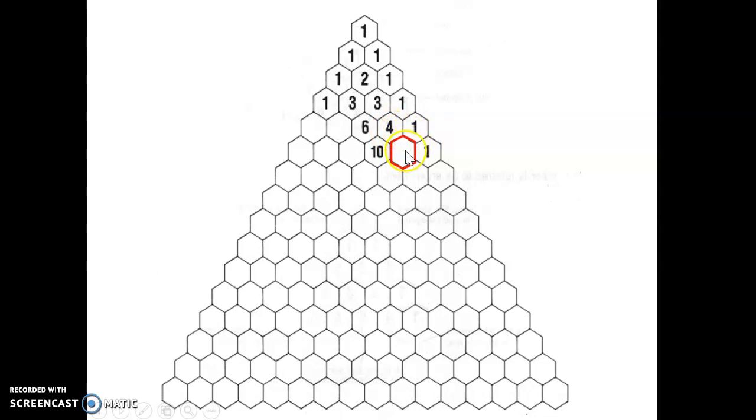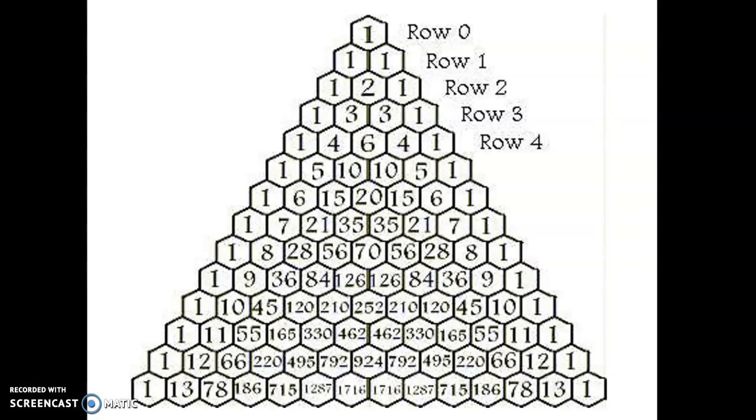So 4 plus 1 here is 5. So that's where the 5 comes in. Over here, this number is going to be 4 because of 1 and 3 right above. And so you get this whole triangle. Okay. And so look, 4 plus 6 is 10.